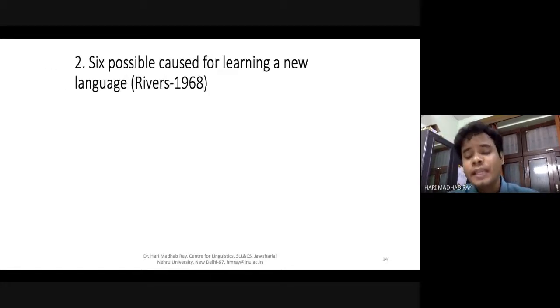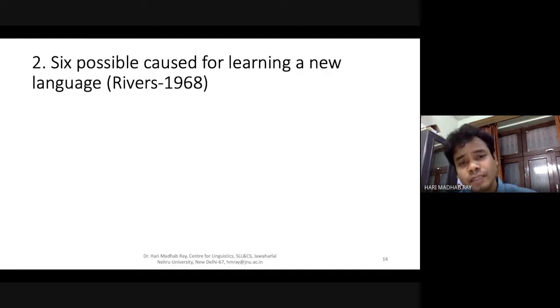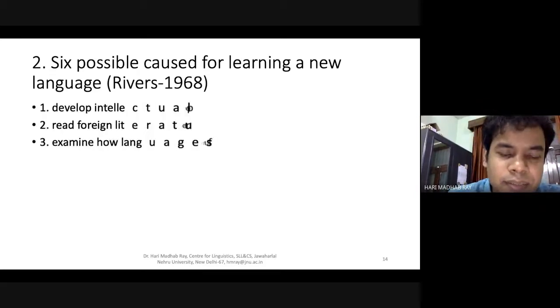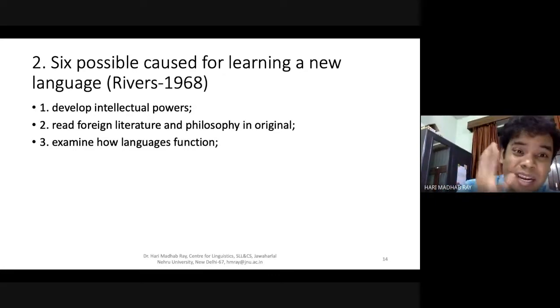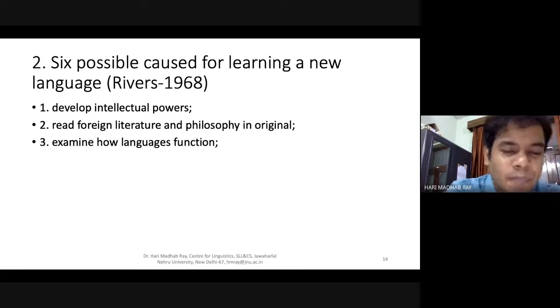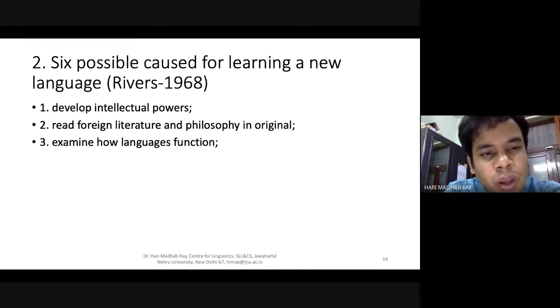So I was telling you that there are different kinds of reasons for learning a new language, or a second language. Rivers, 1968, mentions 6 possible reasons for learning a new language, and I think I already discussed these in one of the classes. People may learn a new language to develop intellectual powers, or read foreign literature and philosophy in the original.